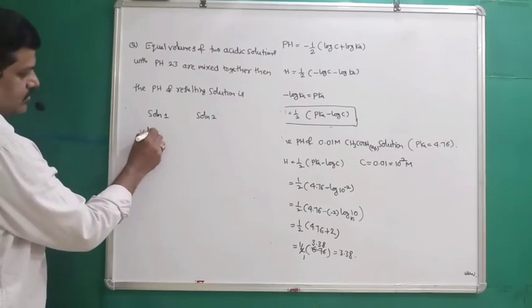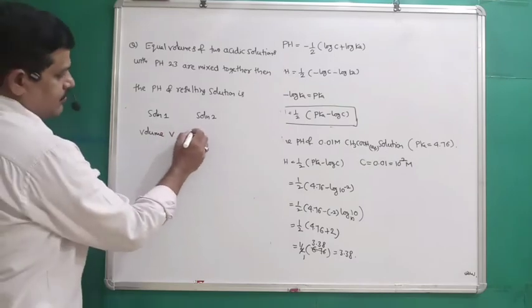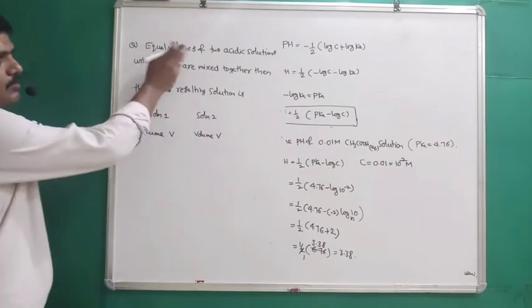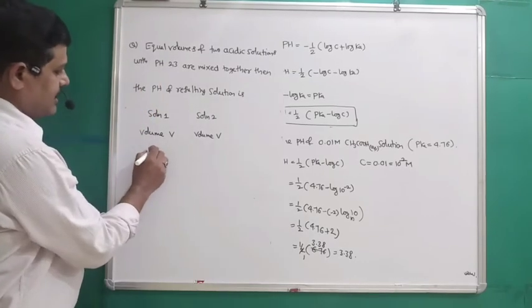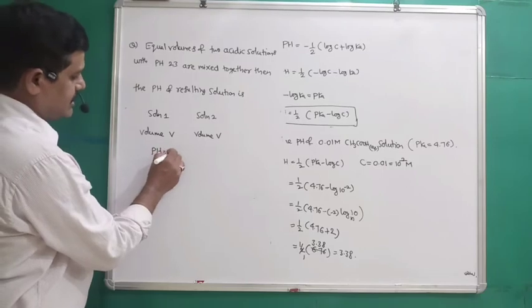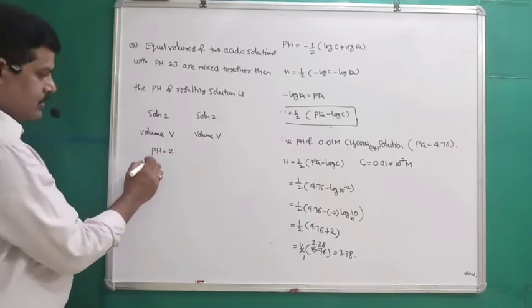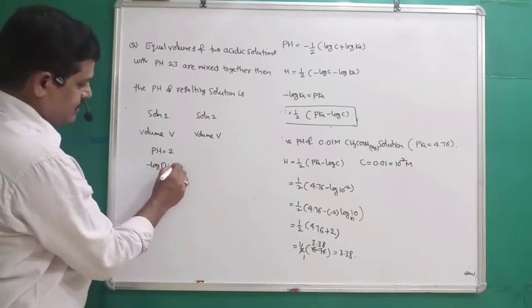Let us assume that the volume of the first solution is V, then the volume of the second solution is also V, because both are in equal volumes, right? So for the first solution, pH is equal to 2, so pH is minus log of H plus equal to 2.